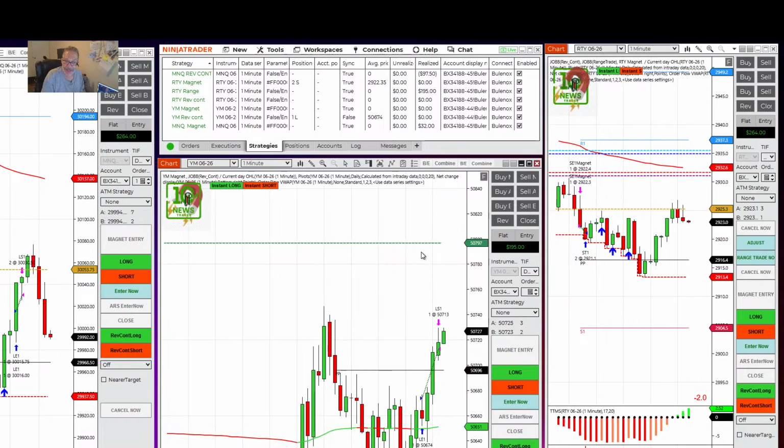I think it's going to test the high. That's what it's looking like. However, look, we have this Richmond trade. Let me show you why Richmond doesn't do anything, and it's almost always not even on time.